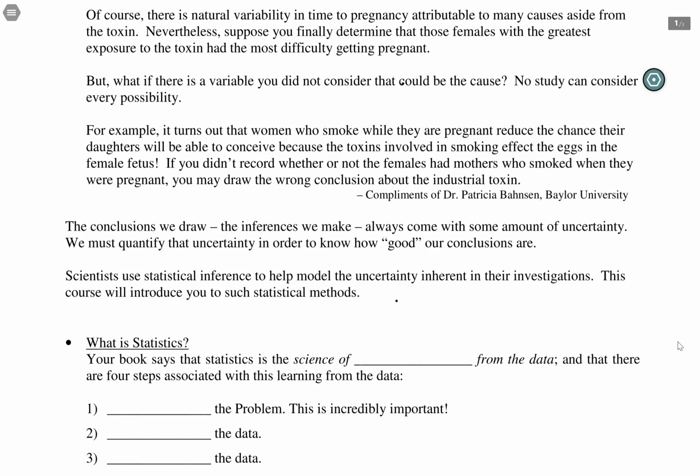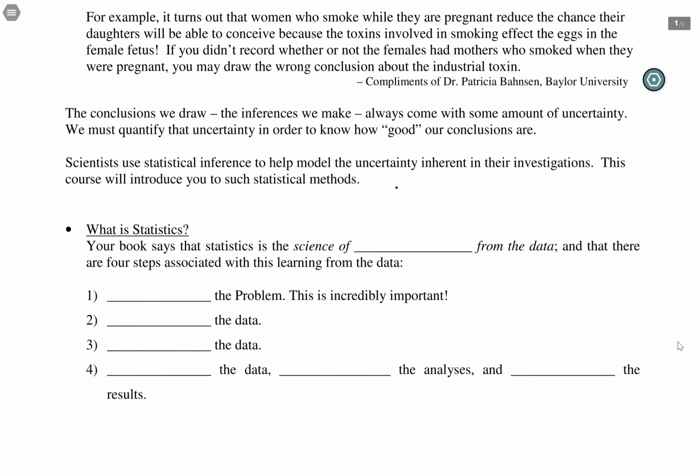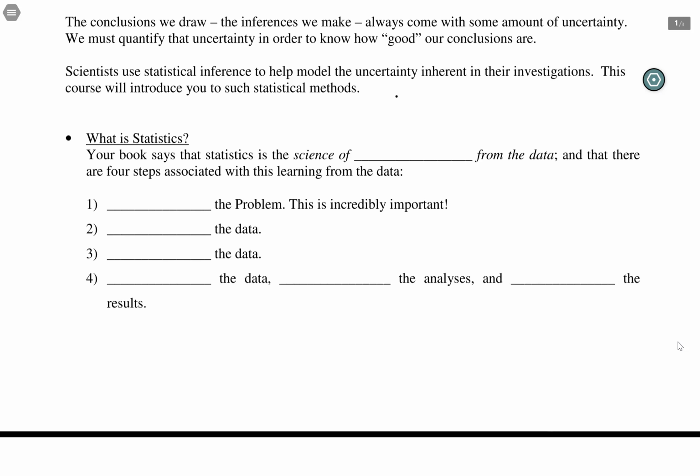And when we do that, they always come with some amount of uncertainty. And we want to quantify our uncertainty so that we can know how good our conclusions are. Now, scientists use statistical inference to help model the uncertainty inherent in their investigations. In this course, we'll introduce you to such statistical methods.